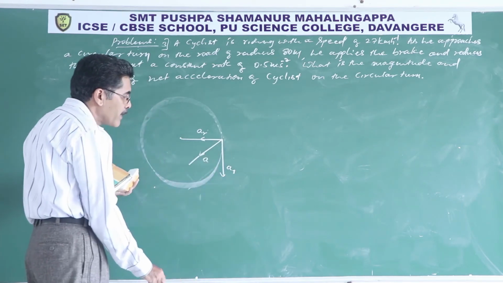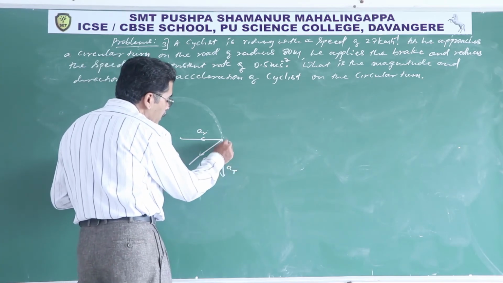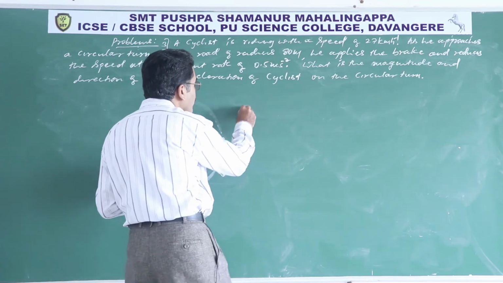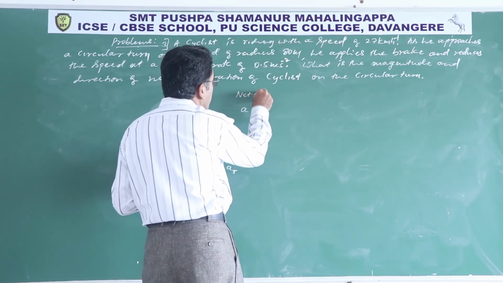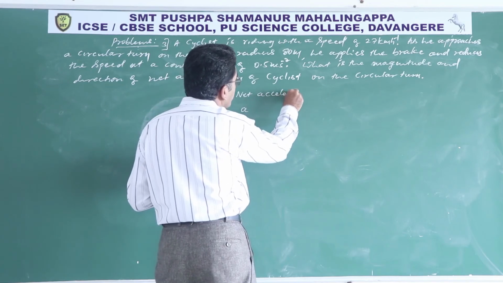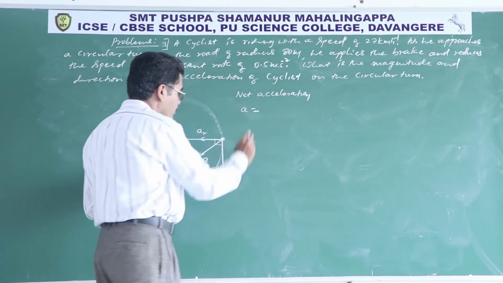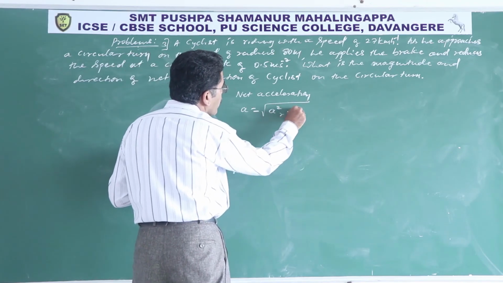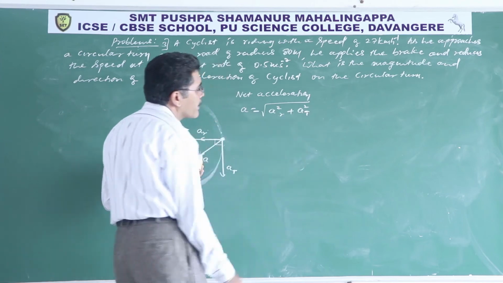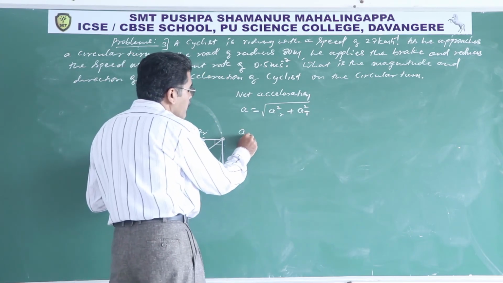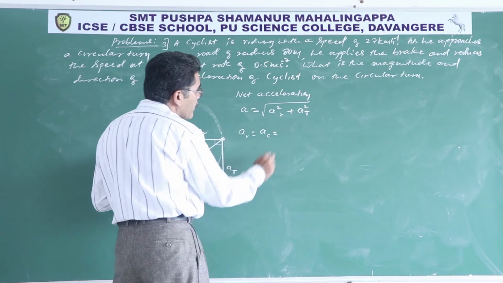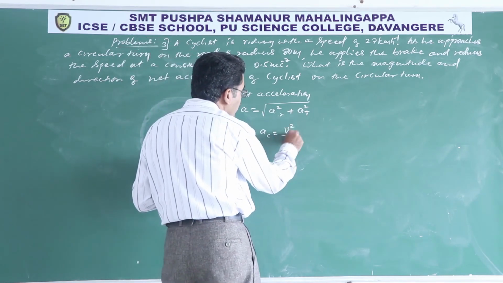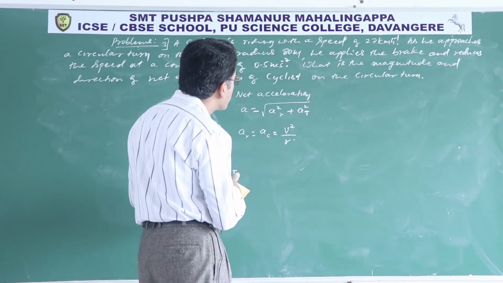So you have to find out what the net acceleration is. The angle between them is 90 degree. Therefore A, the net acceleration, is equal to the square root of A_R square plus A_T square. Here A_R is nothing but the centripetal acceleration, equal to v square by R. What is the speed?